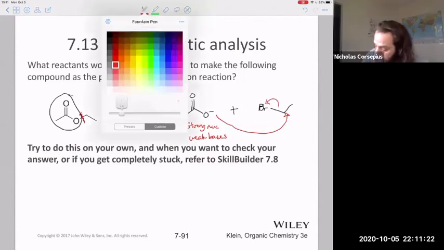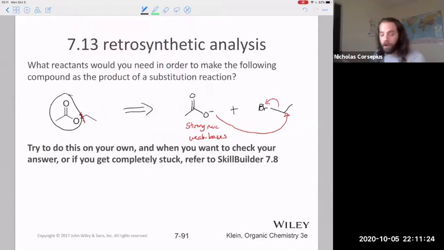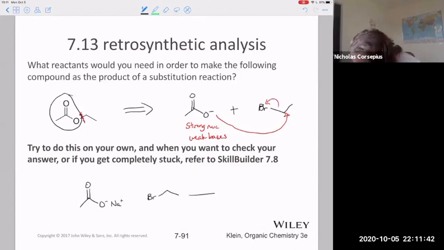So then again, how I would complete this, if this was on an exam, my final answer would be, here's my carboxylate ion. You can put that counter ion there too. If you left it off, I wouldn't be offended by it, but the book is pretty good about using that. And then your alkyl halide.